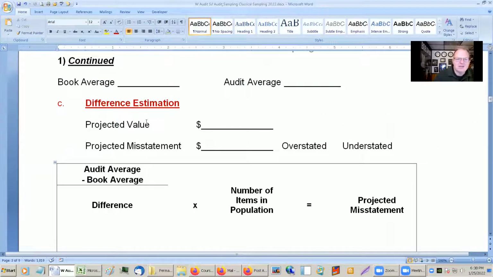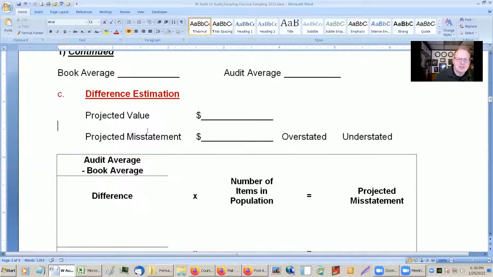For instance, a common mistake at some companies is that they don't charge the handling fee. If it's a $50 order, they don't charge the handling fee of $5. If it's a $50,000 order, they forget it. So the amount that is off by is often the same. That's when you use the difference estimation method.